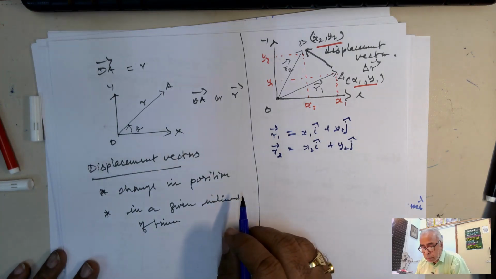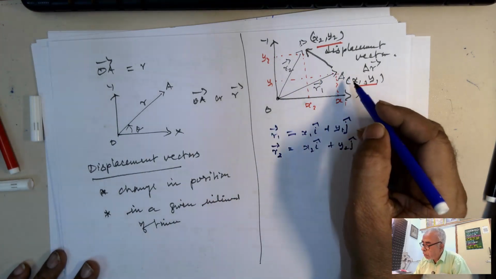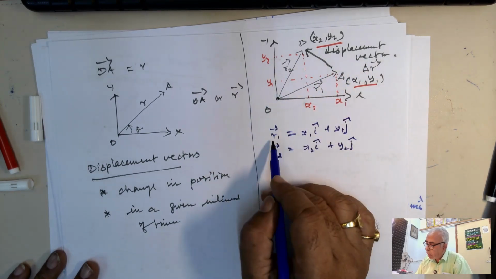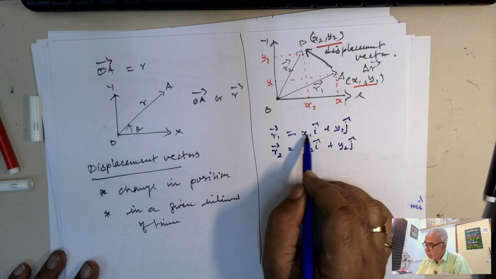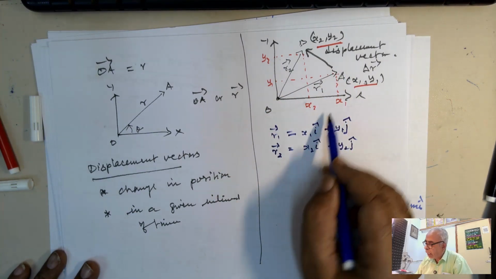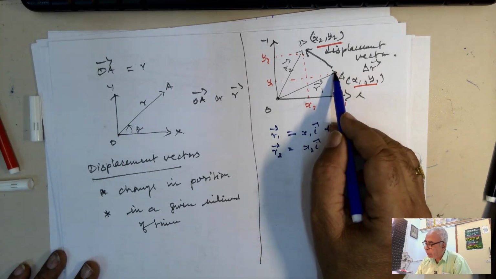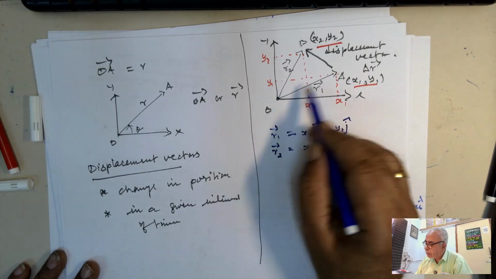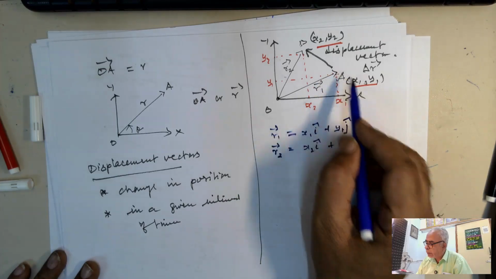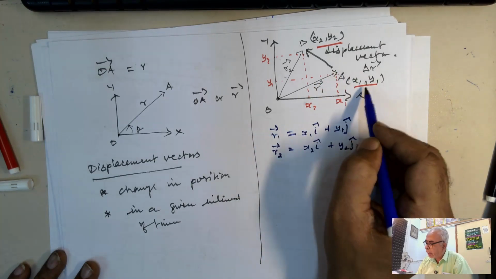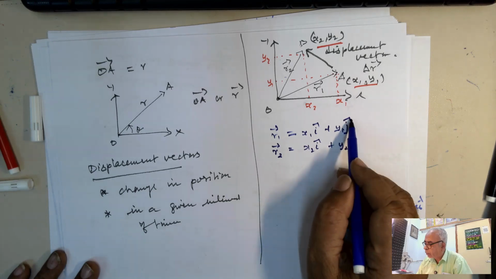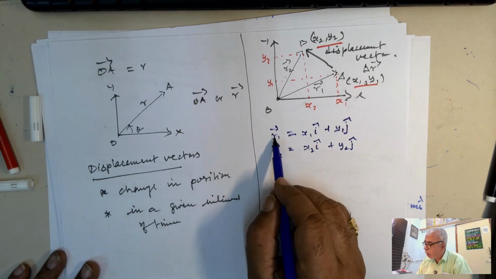So R1 is represented as x1 i cap plus y1 j cap. We include these two vectors as a graphical point, and this is called R1.